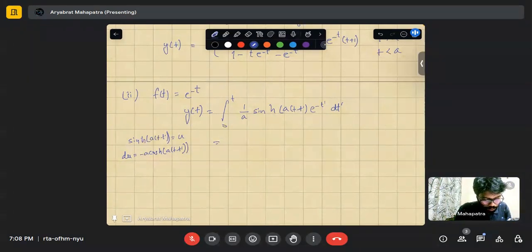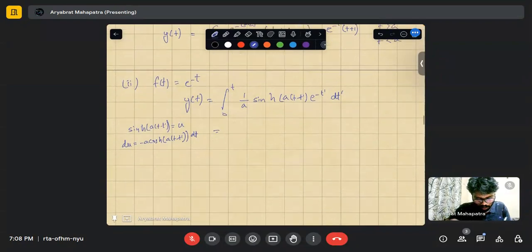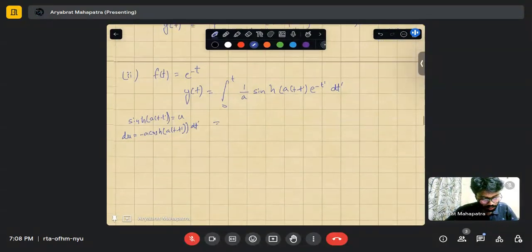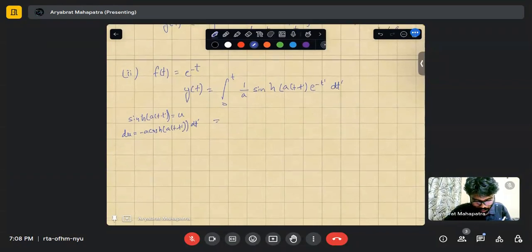You take sine hyperbolic a(t minus t prime) to be something new, u, and so du would be something of this form, with dt prime.